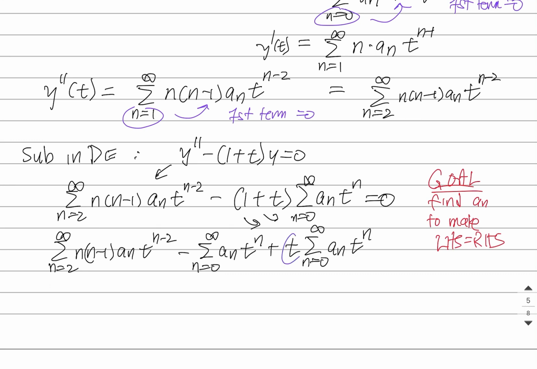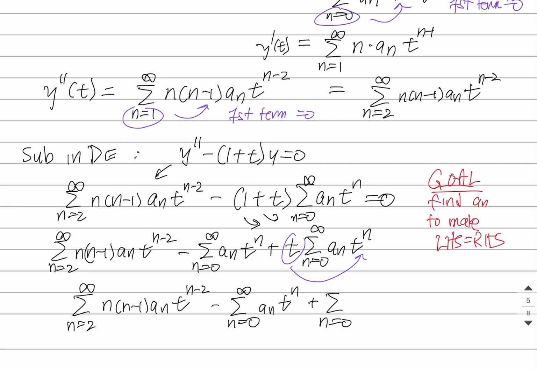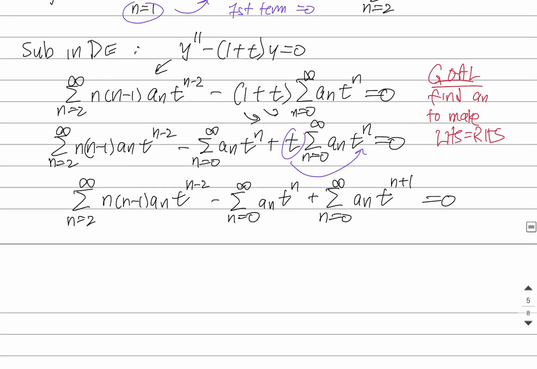I'm going to take this power of t, because it doesn't have an n, and pull it into there. And so what's going to happen is I'll have the sum from n equals 2 of n (n minus 1) a_n t^(n-2), minus this other expression, a_n t^n, plus another summation where I've got a_n t^(n+1). And all of this is going to be equal to 0.